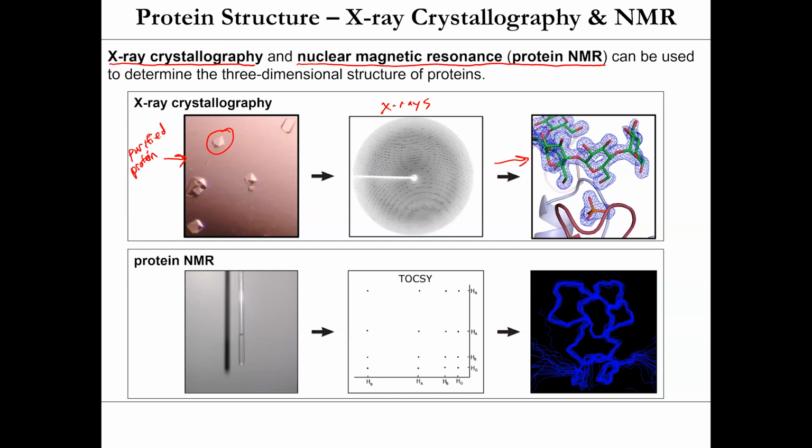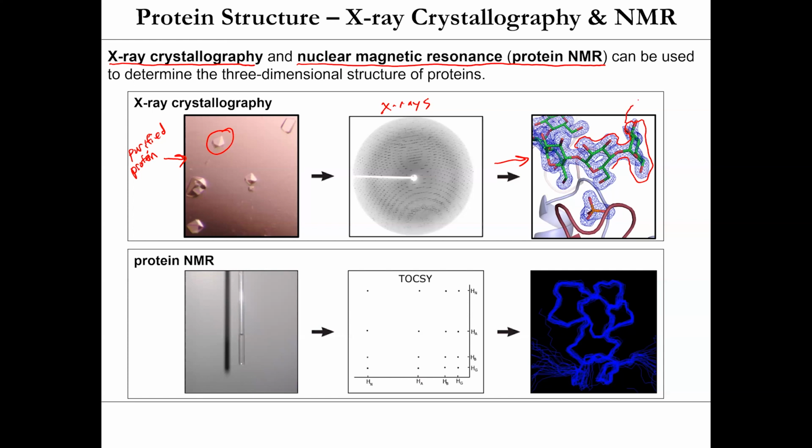But if you can get good quality crystals and hit them with X-rays, then you can actually determine the structure of the protein. That information lets you determine where in three-dimensional space electrons are present. That would be this blue sort of mesh.